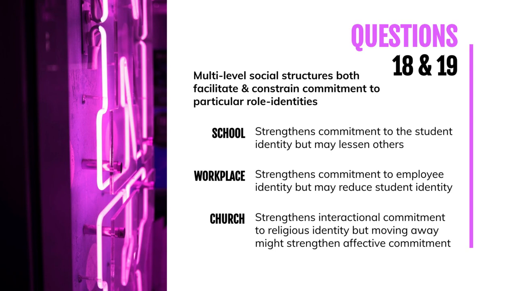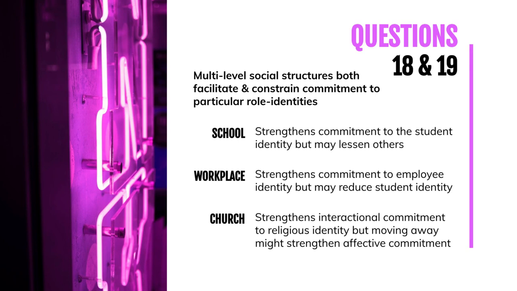So, like your friend identity. Within the workplace, it strengthens your commitment to the employee identity, but it may reduce your student identity because a lot of your interactions are occurring in the workplace and it's taking up a lot of time. You're having to invoke that much more than you are your identity as a student.